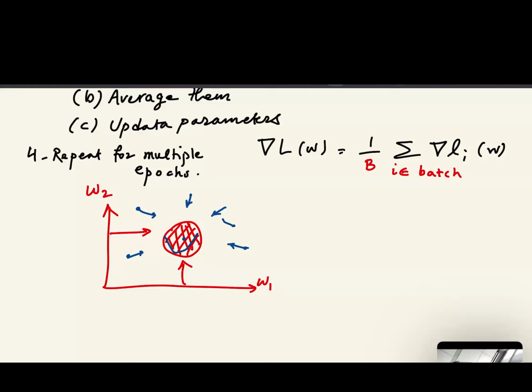It may not be the direct path, but on average, if you take all of these steps, you will get there. And then once you are there, that area is not that certain anymore.